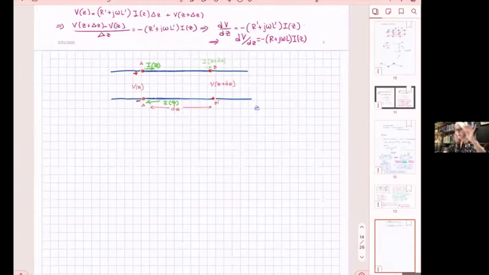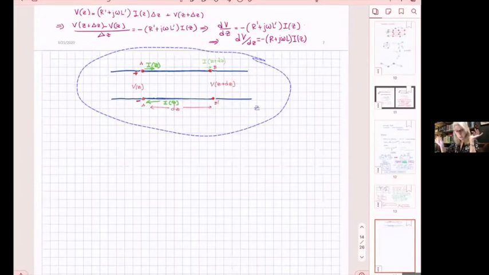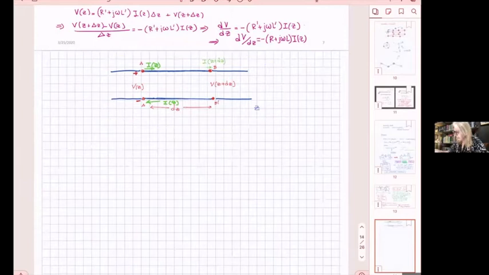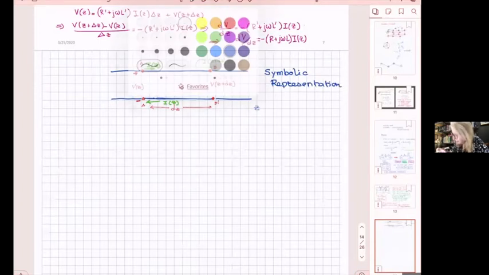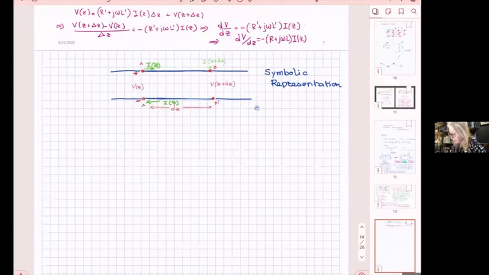We have moved from a physical representation of the microstrip to a symbolic representation, and then to a circuit representation. And the circuit representation is the following.